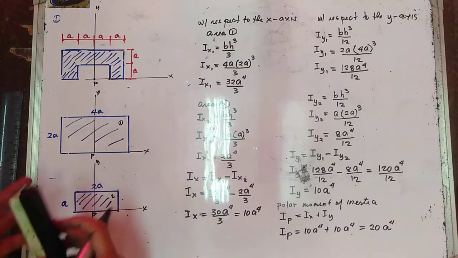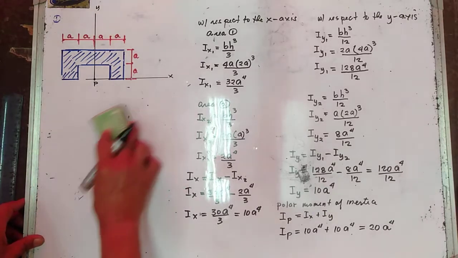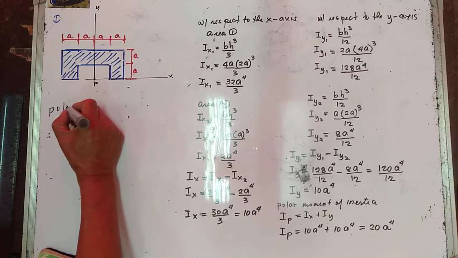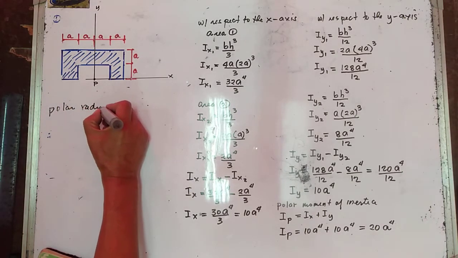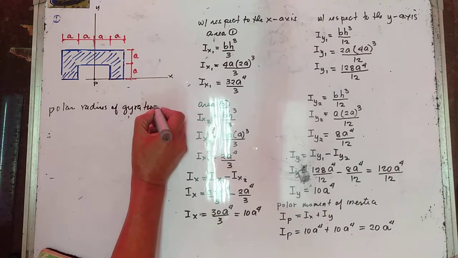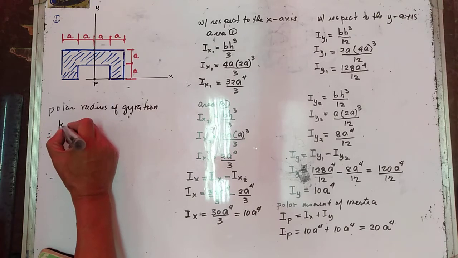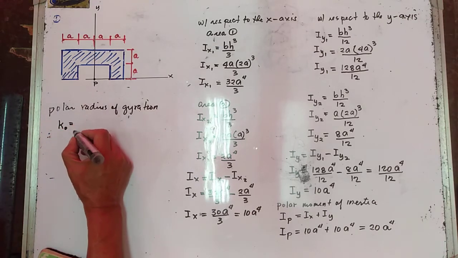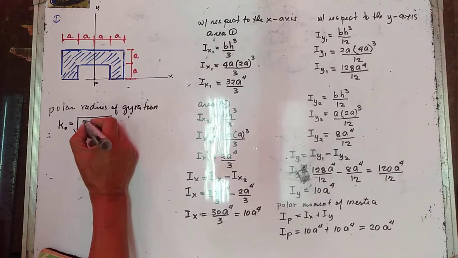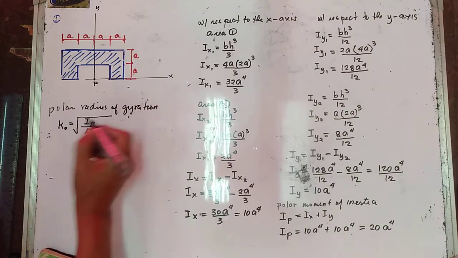And the polar radius of gyration. So the polar radius of gyration, that is now KO, is equal to the square root of the polar moment of inertia all over the total area.